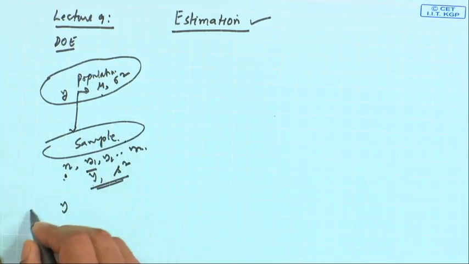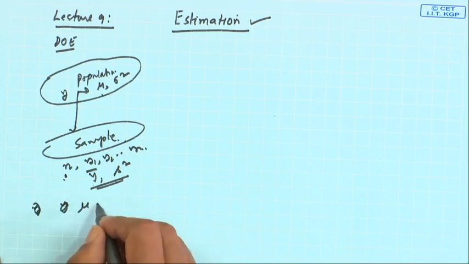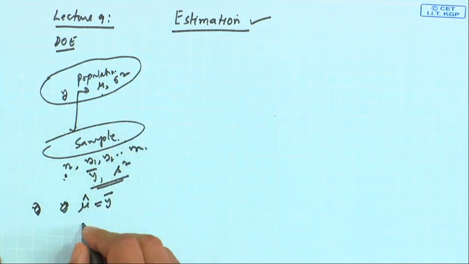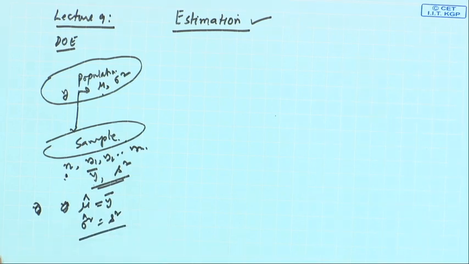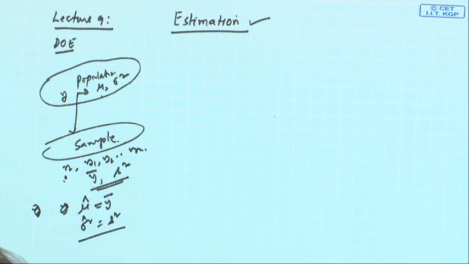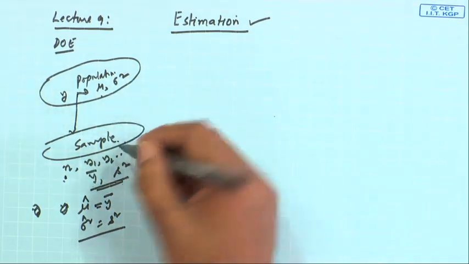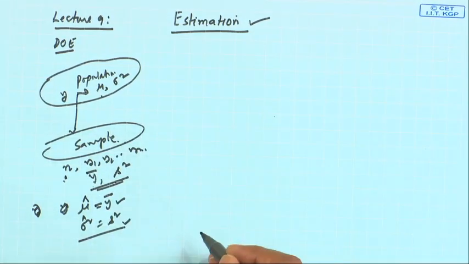For example, mu estimate equal to y bar, and similarly your sigma square estimate will be s square. Okay. So, now another concept is that if you go for a second sample, the estimate value will differ.